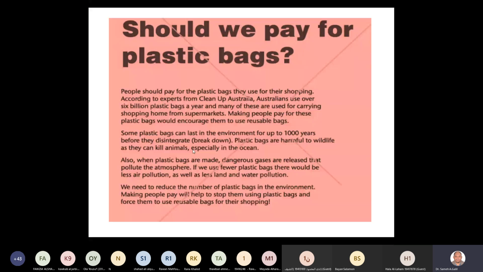It can also be negative, right? Okay, so this is persuasive in the sense that the writer is trying to, like I said, convince us that plastic bags are not the best solution when it comes to holding and keeping stuff.